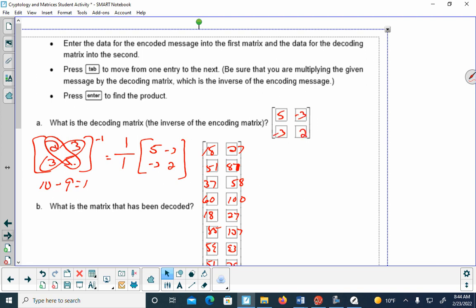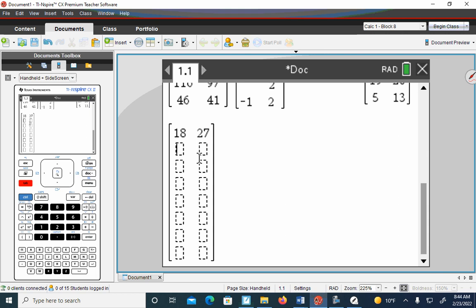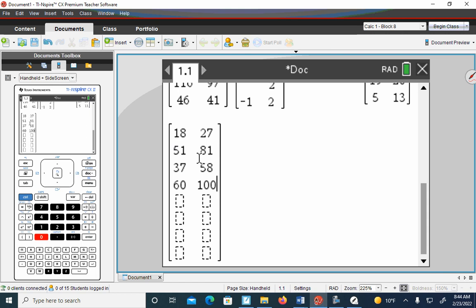Now I'm going to multiply those two matrices together. I already put in the one matrix here. Oh, no, I did not. So I'm typing those in, hopefully without making a mistake. I typed them in.